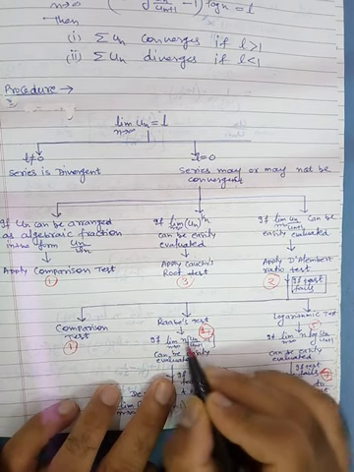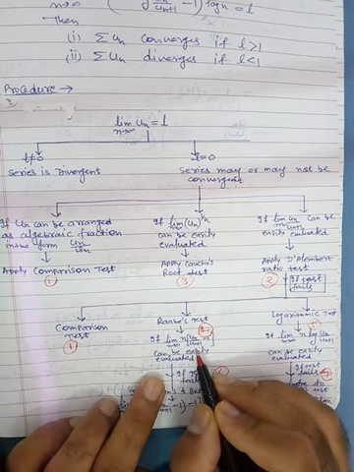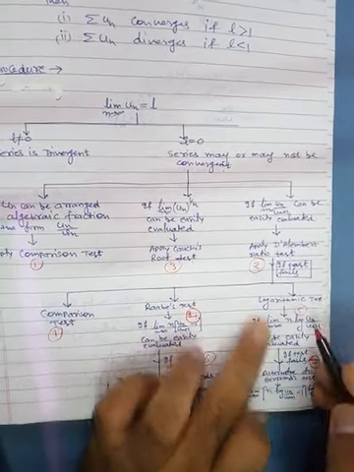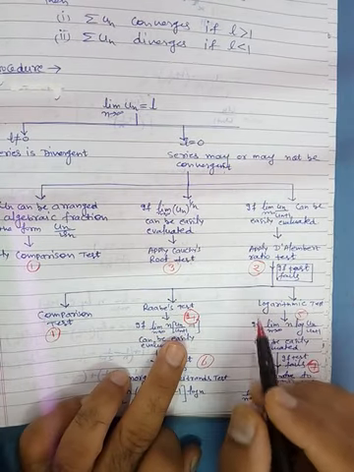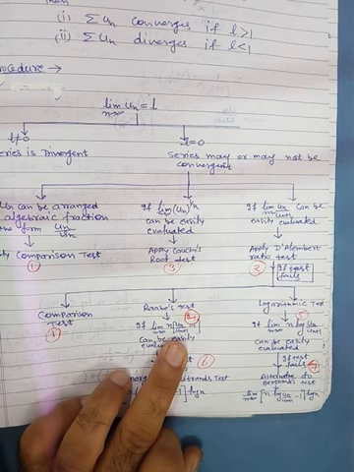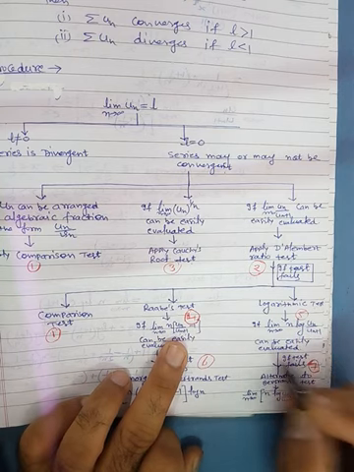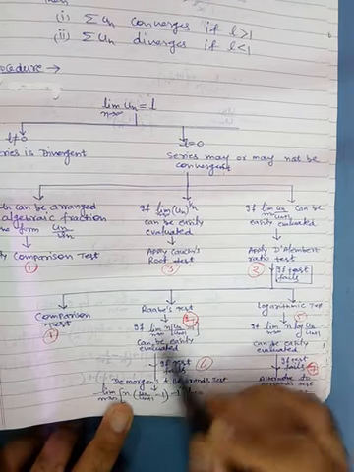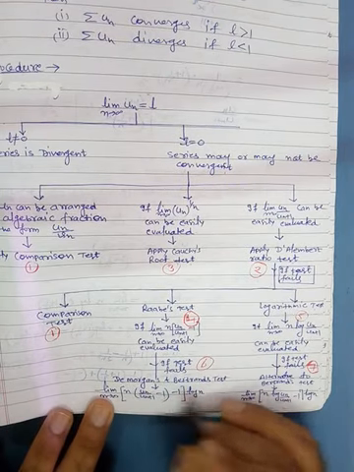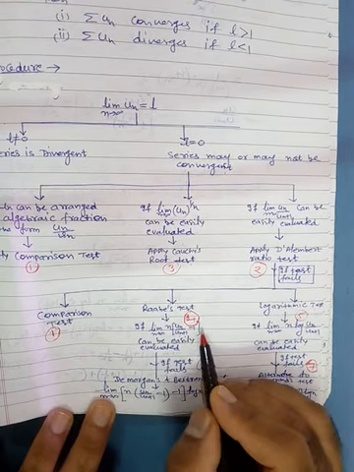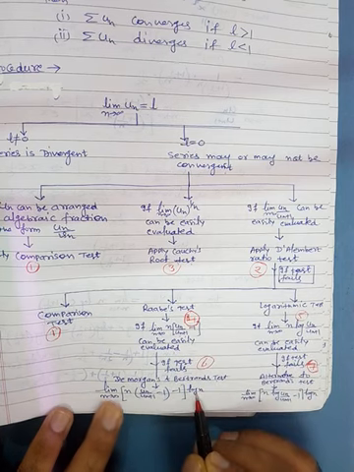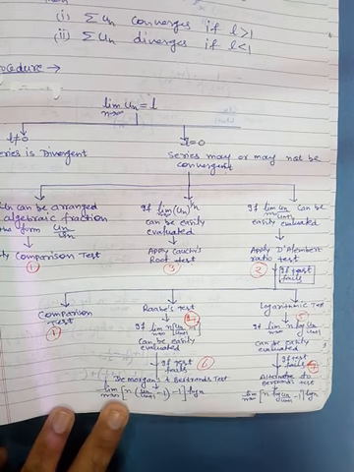If you can easily find this, then apply Raabe's test. Logarithmic test: if your un by un plus 1 is of the form of some power of n, then just apply n log un by un plus 1, the logarithmic test. If Raabe's test fails, then apply De Morgan's and Bertrand's test. That means just subtract 1 and multiply by log n. Then we get De Morgan's and Bertrand's test.